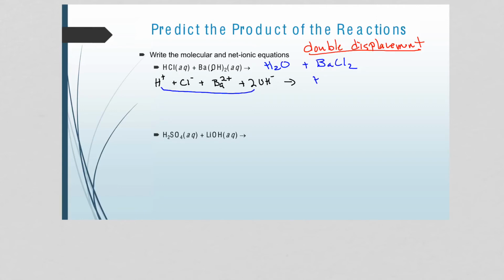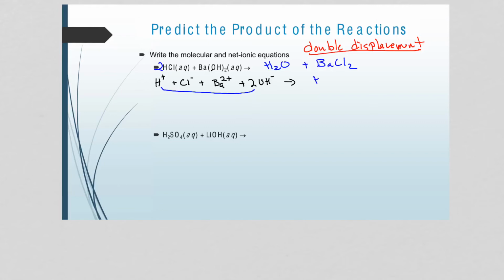So now I've written my products. I need to balance my equation. So I can see here that the Cl, right, I got 1 and I got 2, right? So I need to put a 2 here. Now, notice I didn't try to balance the hydrogen first because I have hydrogen in a bunch of different places here. So I'm going to balance the barium, 1 and 1.